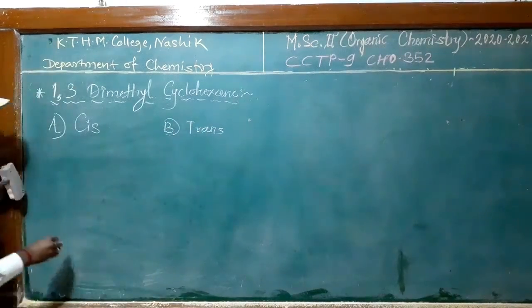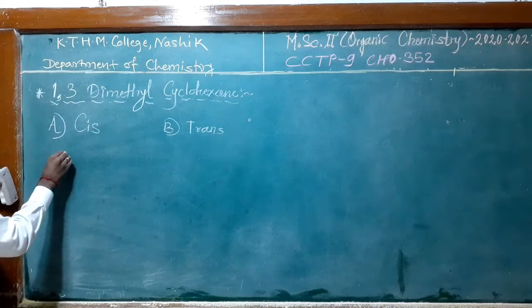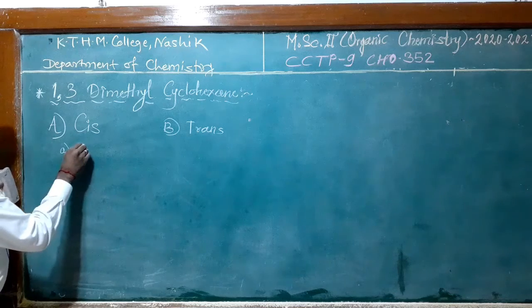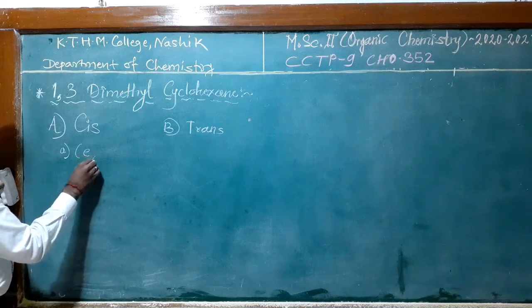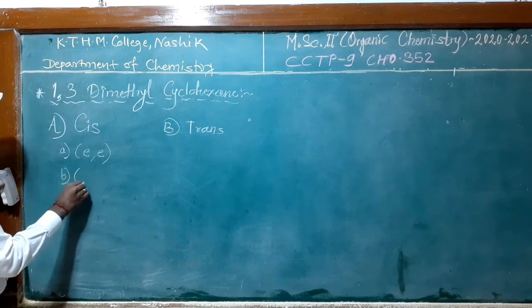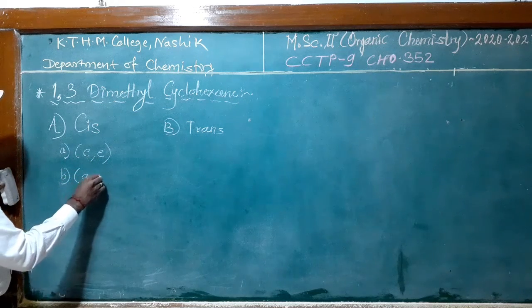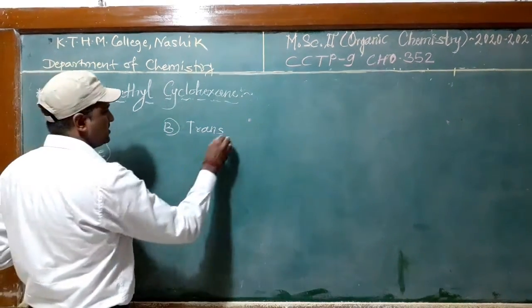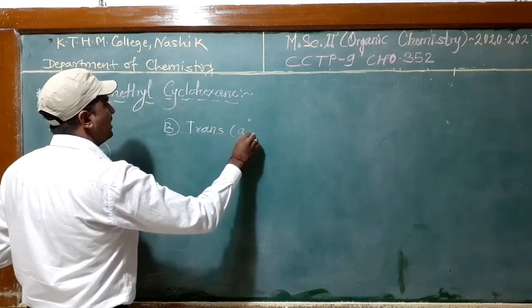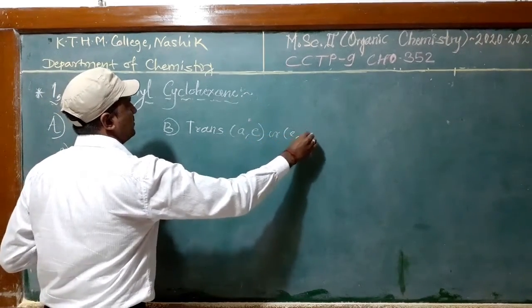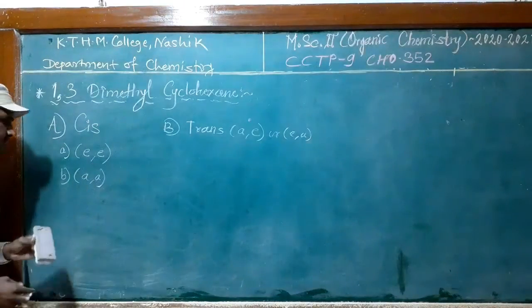The cis conformation is further divided into two types. It may be equatorial conformation, or it may be axial conformation. And the trans conformation can have axial equatorial form or equatorial axial form, both having the same energy content.